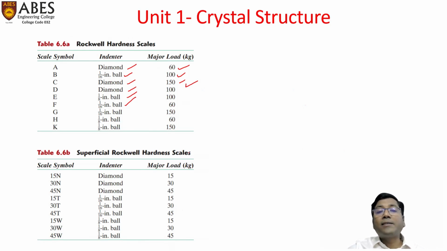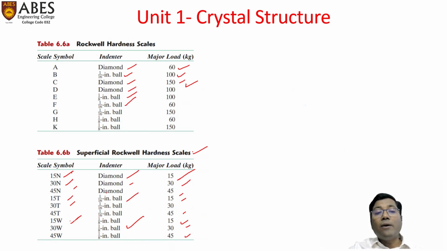For the superficial Rockwell hardness scale, for superficial or small measurements, the scale symbol in place of A, B, C would be 15, 30, 45 and 15T, 30T, 45T, W, depending on whether it is a diamond indenter, a 1/16 inch ball indenter or a 1/8 inch ball indenter, with major loads of 15, 30, 45.